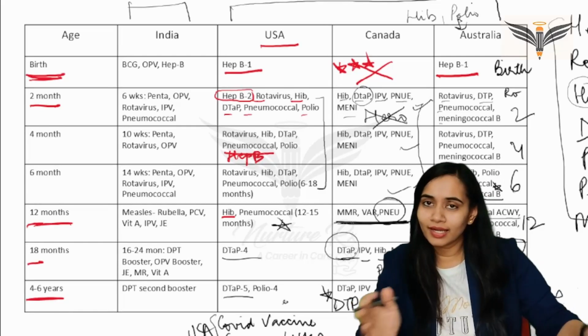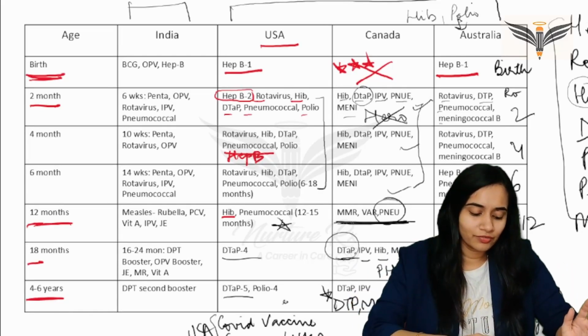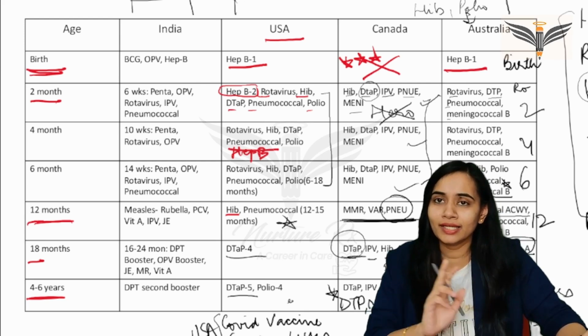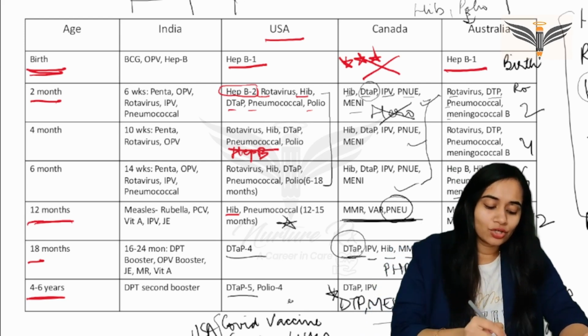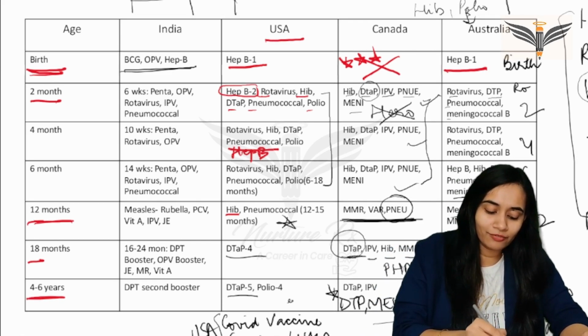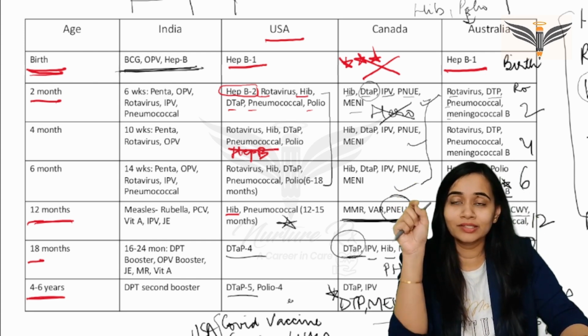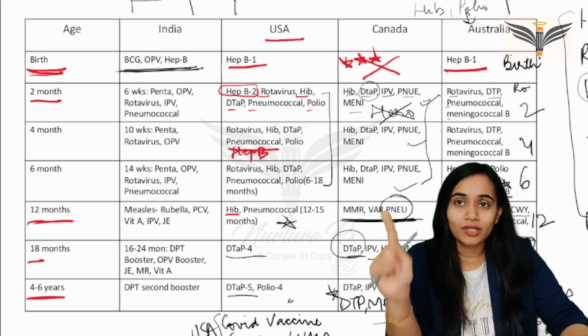Now, like we have covered the NCLEX part of it, we'll just shortly see what is the immunization schedule in India. Okay, so at birth, here you have to remember 3 vaccines are given at birth in India. What are these vaccines?